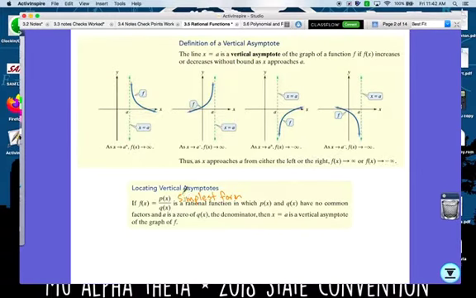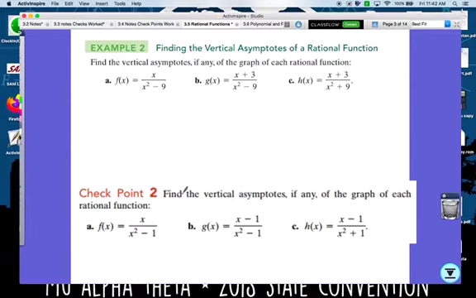Okay, if something crosses out, then that's no longer a vertical asymptote. All right, so if we look at these examples here, the top is x, so that doesn't factor. The bottom factors into x plus 3, x minus 3. But since nothing cancels out on top and bottom, we don't have an x plus 3 on top or x minus 3 on top.